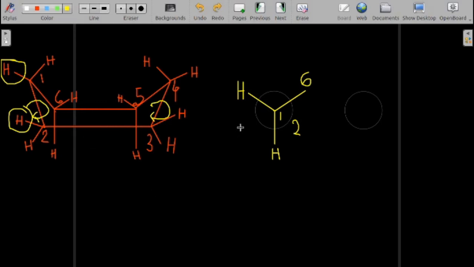This axial hydrogen is at this position of the C2 carbon, and this equatorial hydrogen is at this position of the C1 carbon.